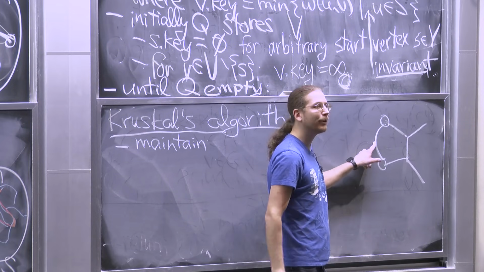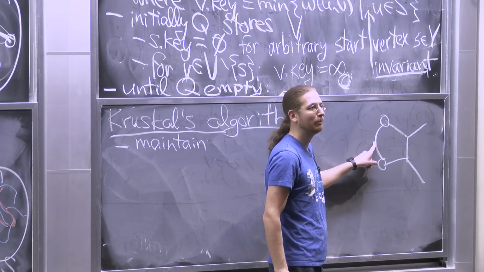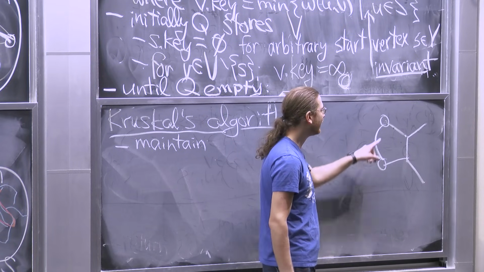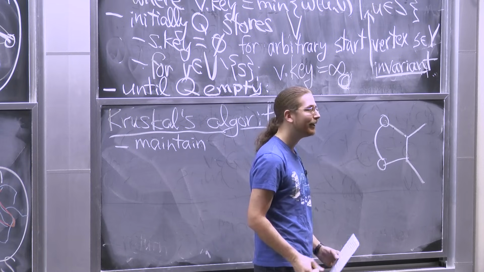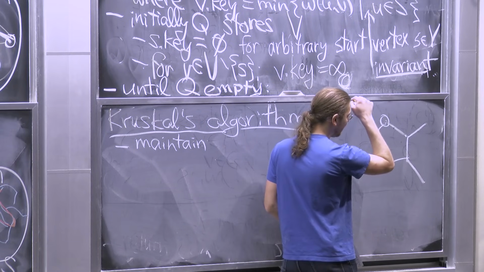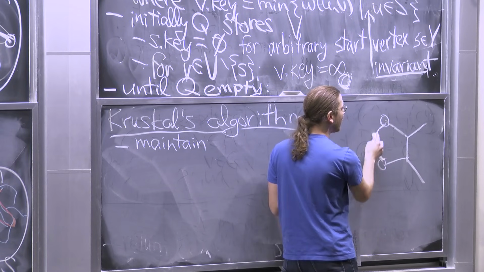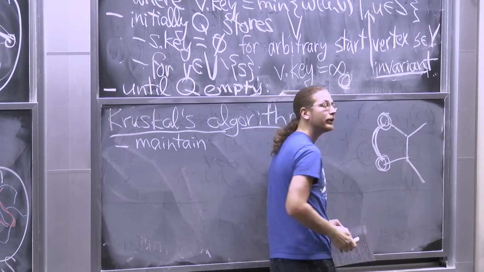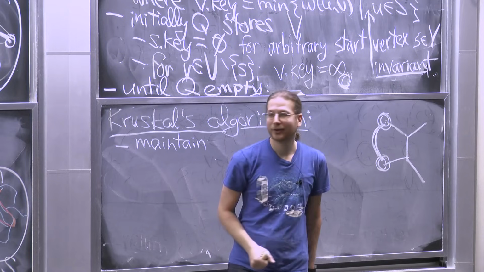Do I want to put this edge in my minimum spanning tree? No. That would add a cycle. Cycles are bad. So this is the tricky part of this algorithm: I have to keep track of whether I should actually add an edge. In other words, whether this vertex and this vertex have already been connected to each other.